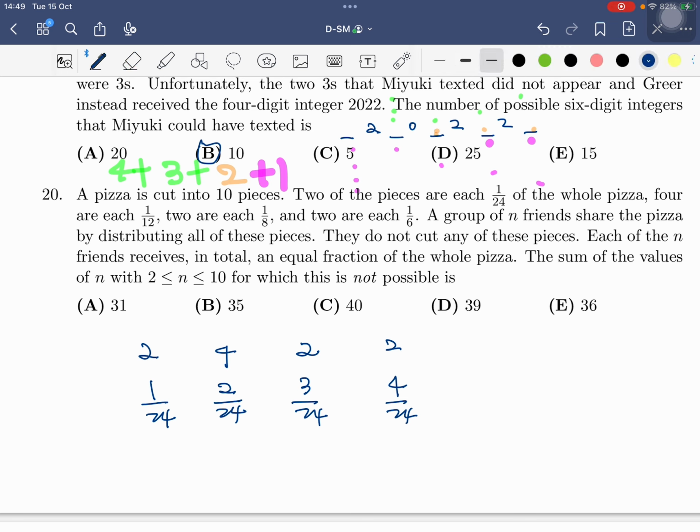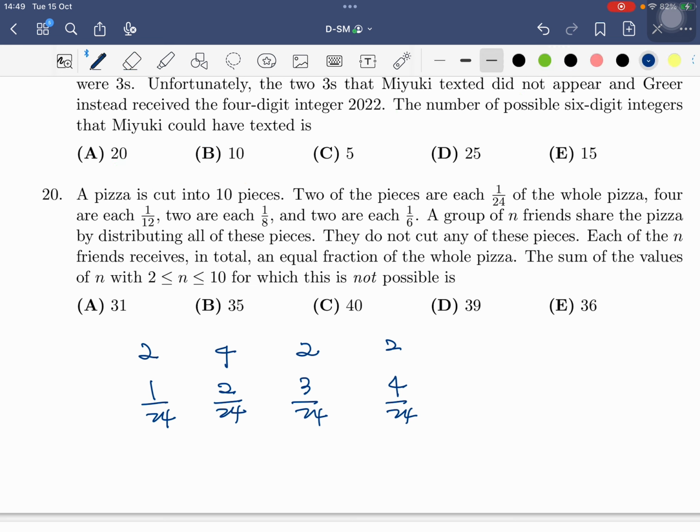So now we will share the pizza with friends, and there are n friends altogether, and they have an equal amount of pizza. And we don't cut any further, we don't make any smaller pieces out of here.